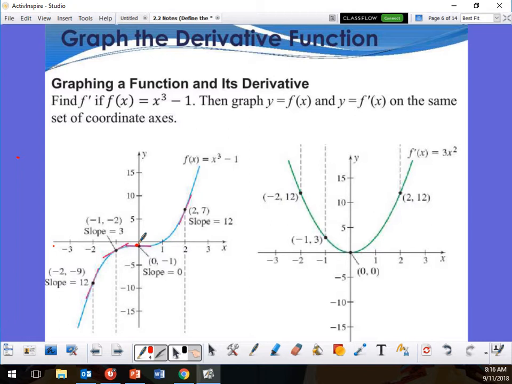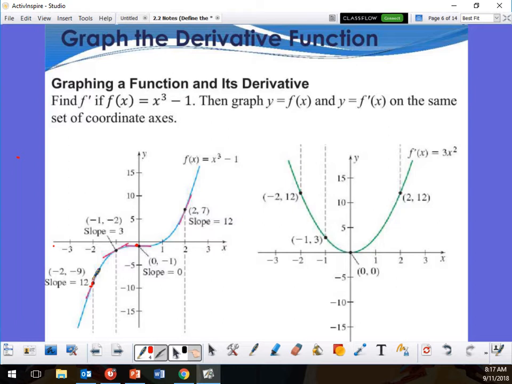So that means the slope here is positive. At -2, where I was down over here, the slope is 12. That means rise over run, so it is 12 over 1. It goes up 12 over 1.